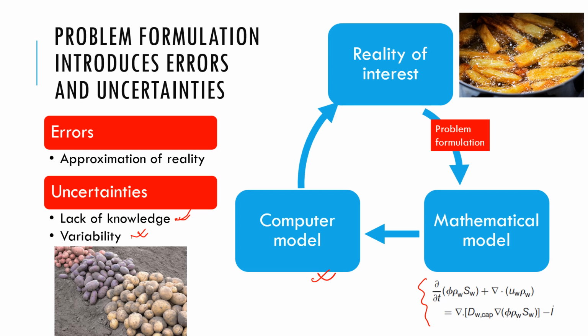So reducing the error in the computer model to zero does not get rid of these errors and uncertainties. So this makes problem formulation often the most critical step. Once the problem is formulated in terms of these governing equations and boundary conditions, of course, we talk about the solution to these equations.